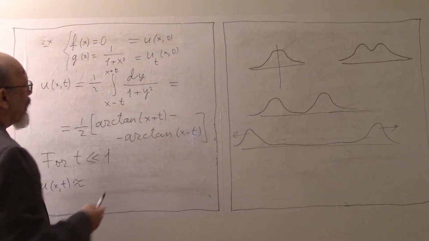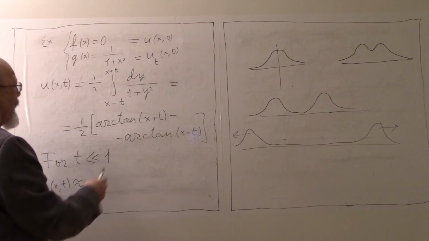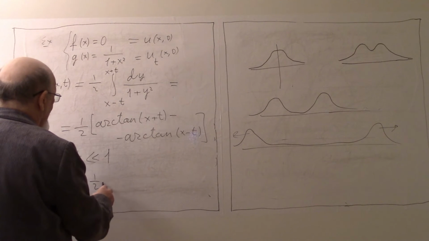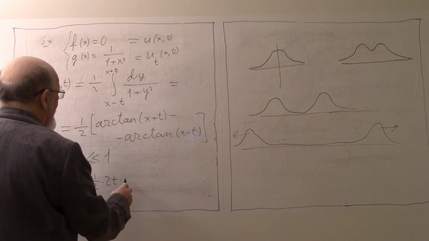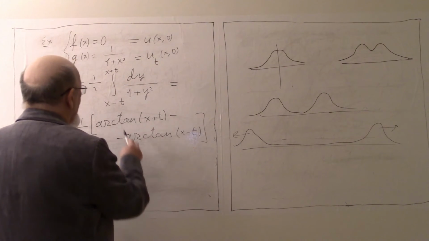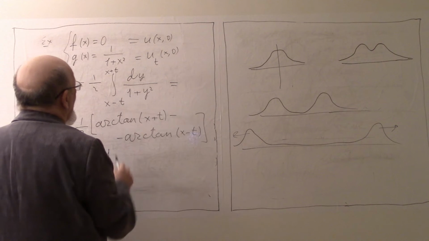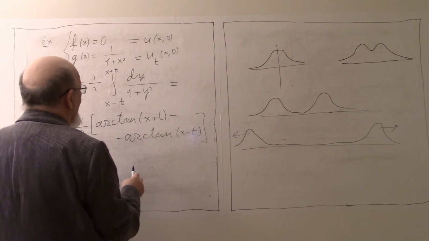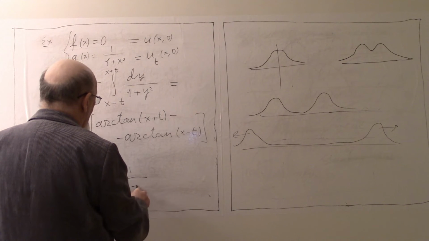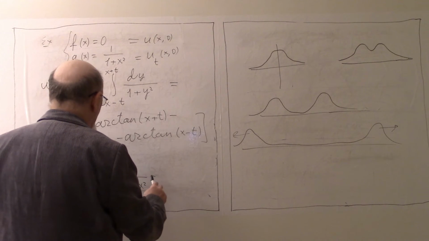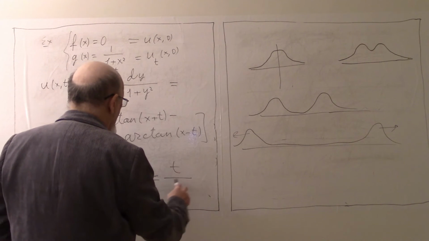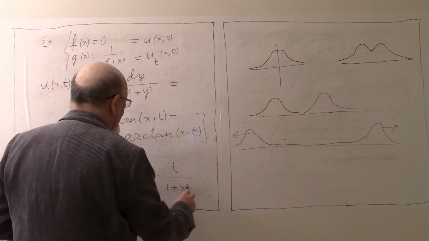If t is small, then it is again 1/2 times 2t times the derivative of arctangent. The derivative of arctangent x is 1 divided by 1 plus x squared, so it equals t over 1 plus x squared.